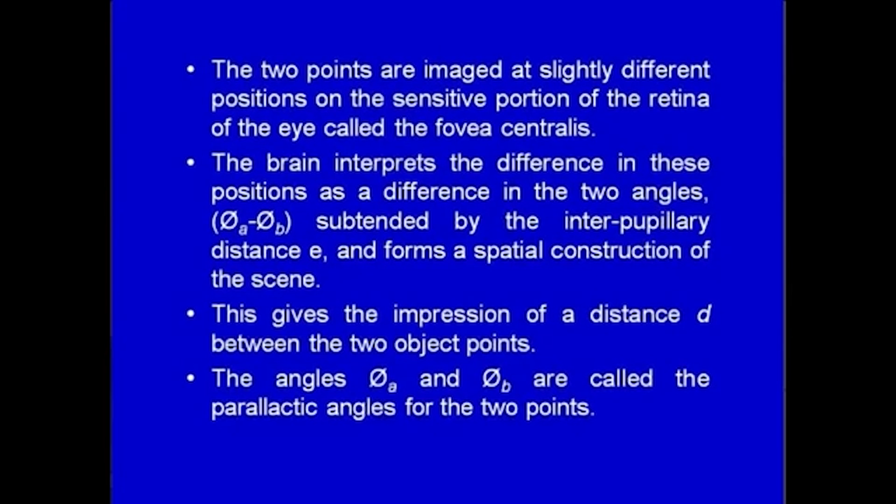by the interpupillary distance E and forms a spatial construction of the scene. This gives the impression of a distance d between two object points. The angle phi A and phi B are called the parallactic angle for the 2 points.